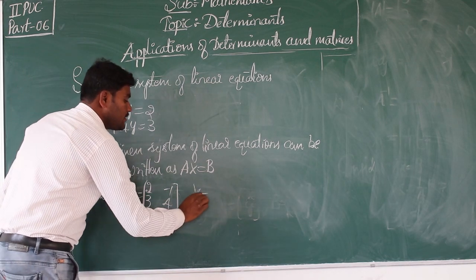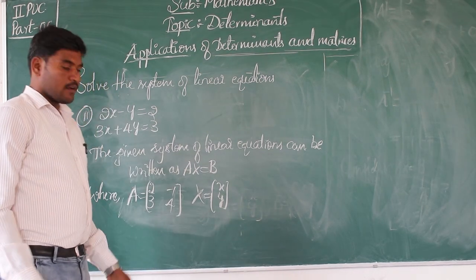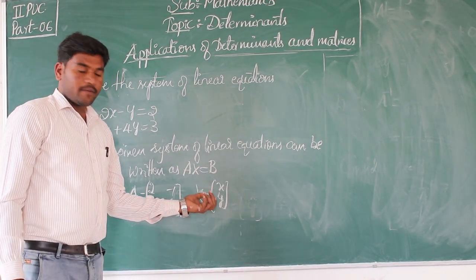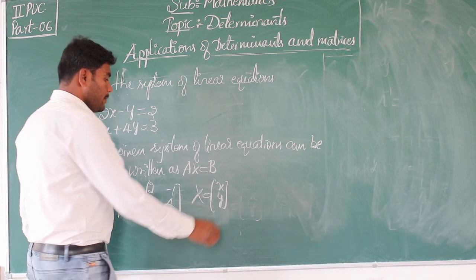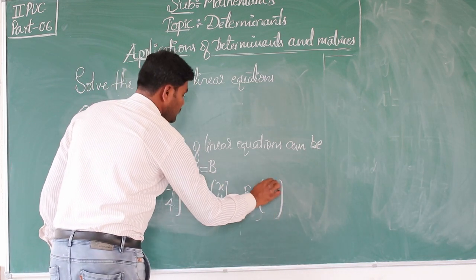And x is the variable matrix given by xy, only two variables are there. And B is the constant matrix; here the constant elements are 2 and 3.